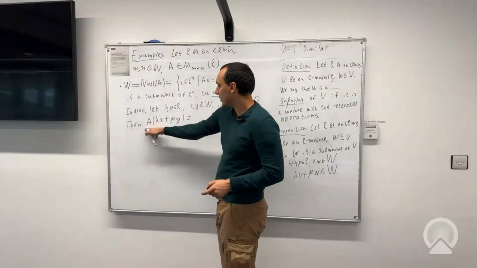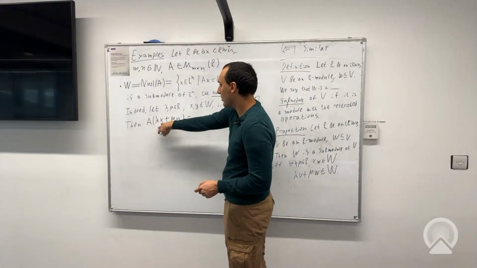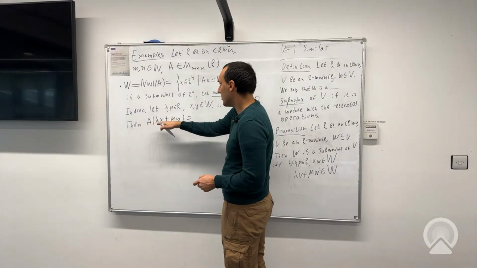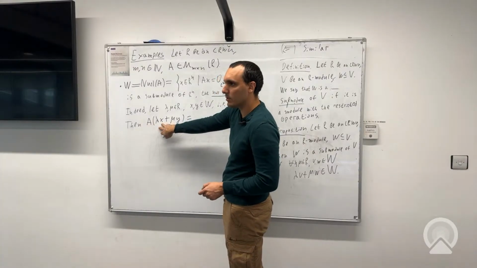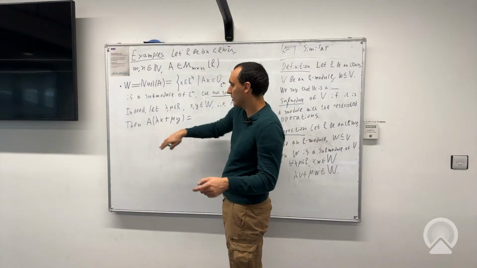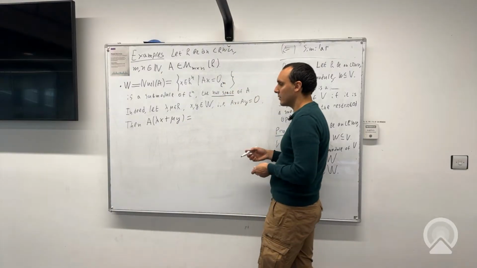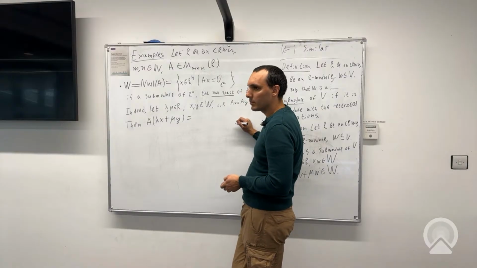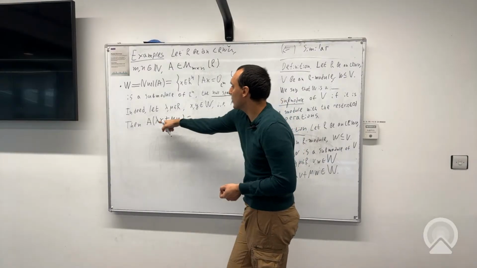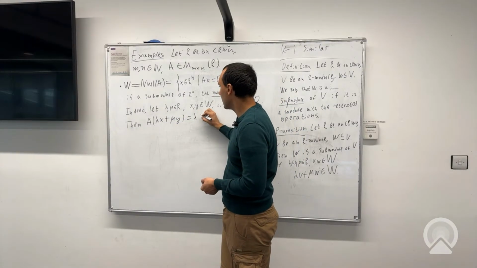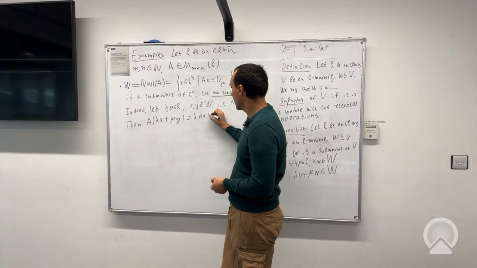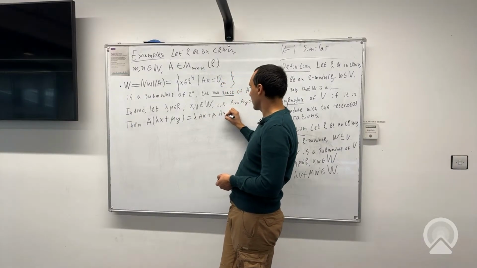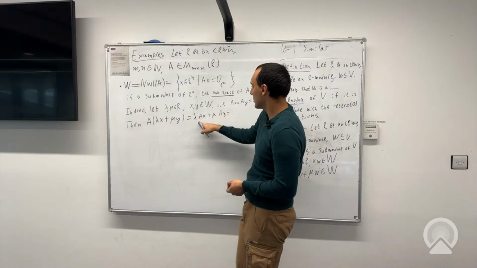I have a matrix times some combination of vectors. Yes, this is the distributive property. So this is lambda A of x plus mu A of y, and this is 0 and this is 0.